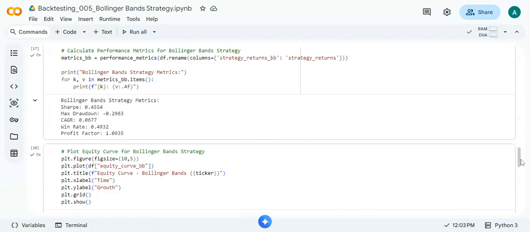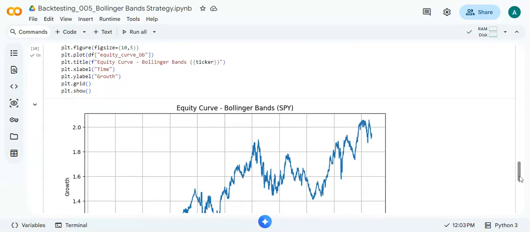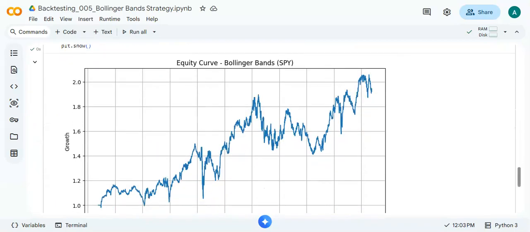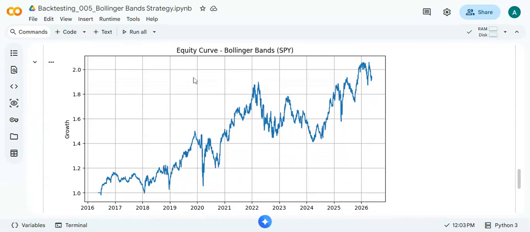Okay, let's dive into our visual part. As you can see, similar to the previous part, we have the equity curve and the growth rate over the years. If we use the strategy from 2016, we are gaining, and our growth rate goes up to 2, with a gradual increase, although we have some troughs and higher volatility between 2020 and 2023.